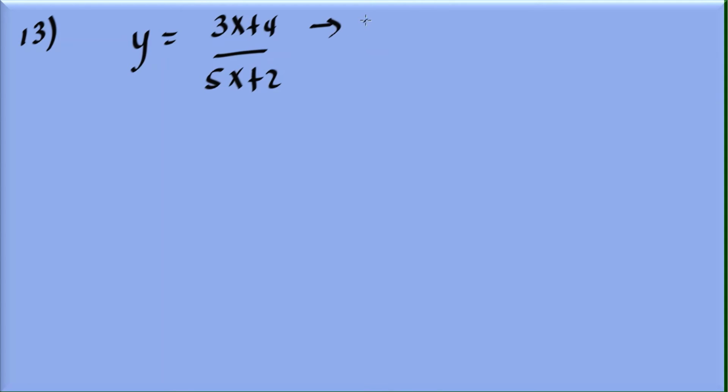Now let me show you another one. Let's say, so you have 3x plus 4 over 5x plus 2. So our numerator, once again, is your u, and the denominator is your v, okay? So it's better to have your set of u prime, v prime already available.